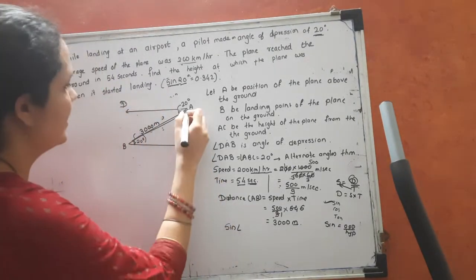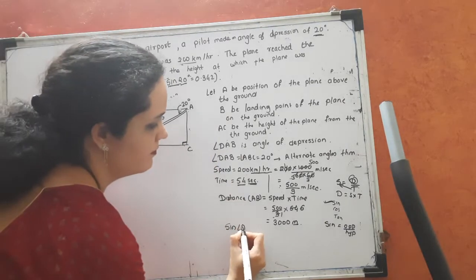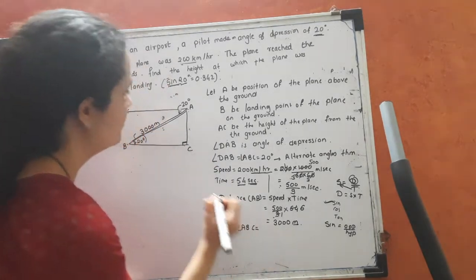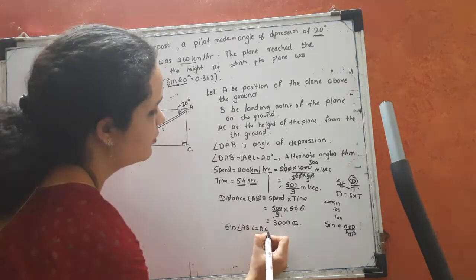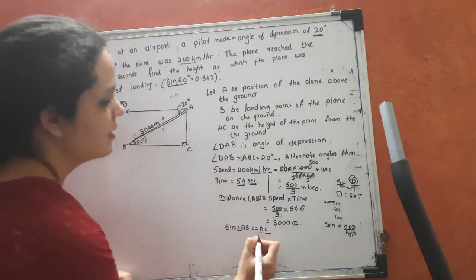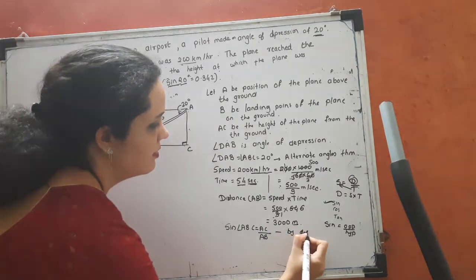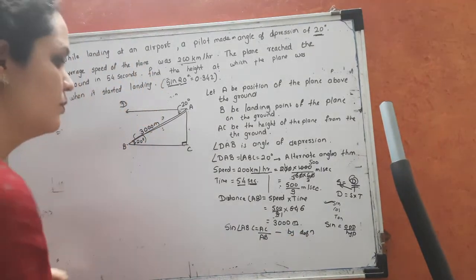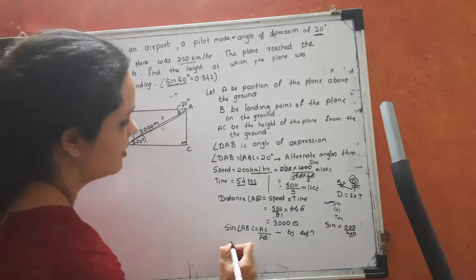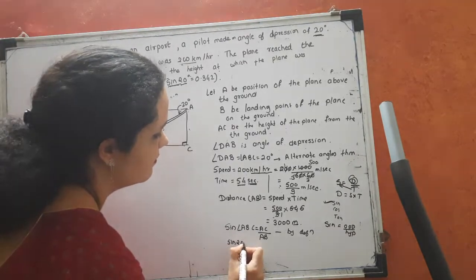Sine of angle ABC is equal to AC, the opposite side, upon the hypotenuse AB, by definition. So sine ABC is nothing but sine 20.